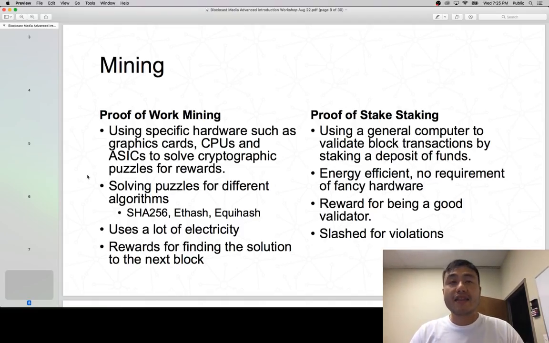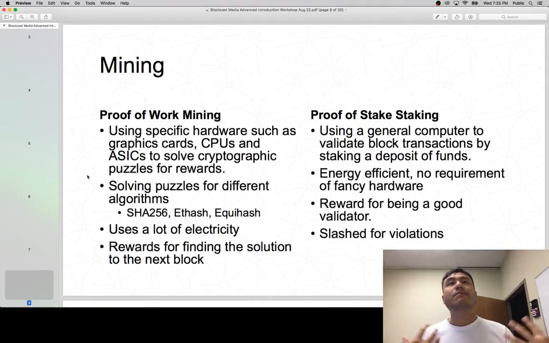So back in the early days of Bitcoin, you used to be able to reasonably find the next block with a graphics card, like an idling gaming computer in someone's home.